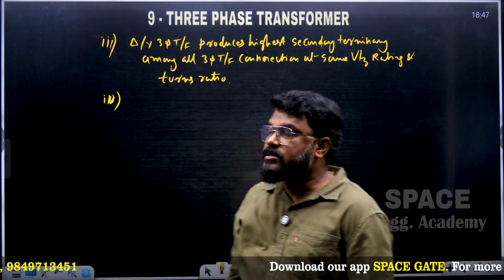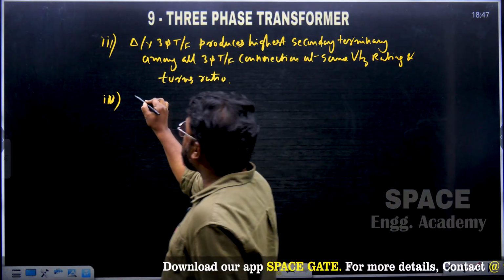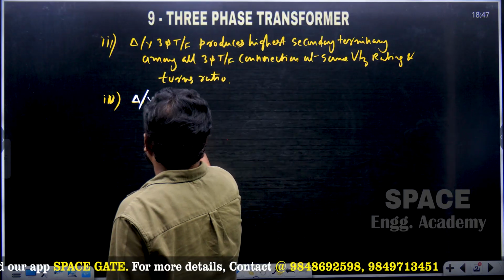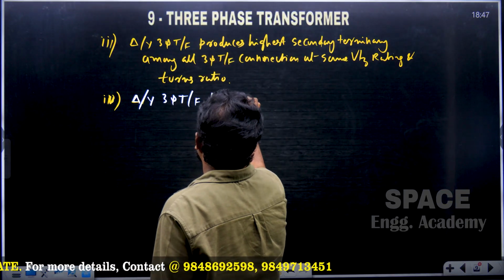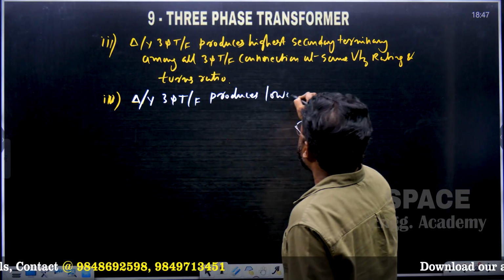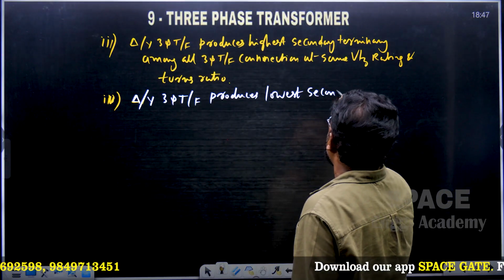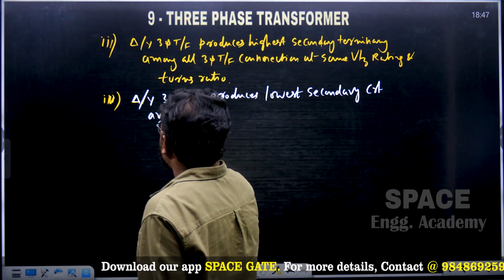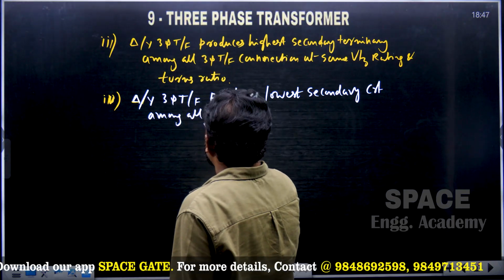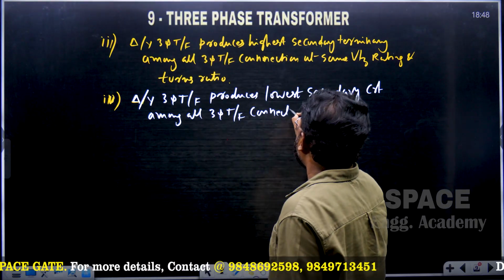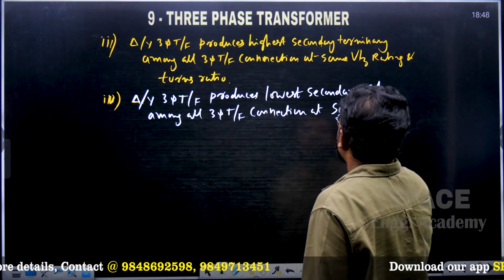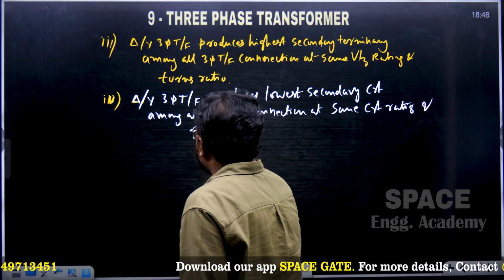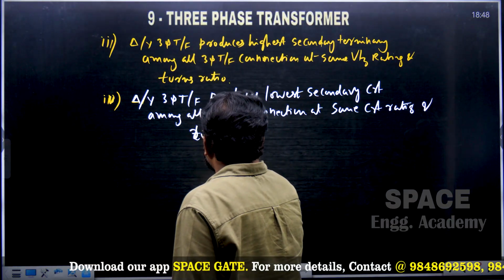And next, one more point. So see here, the third, and this is the fourth point about delta star three phase transformer. So the delta star three phase transformer produces lowest secondary current among all three phase transformer connections at same current rating and turns ratio.